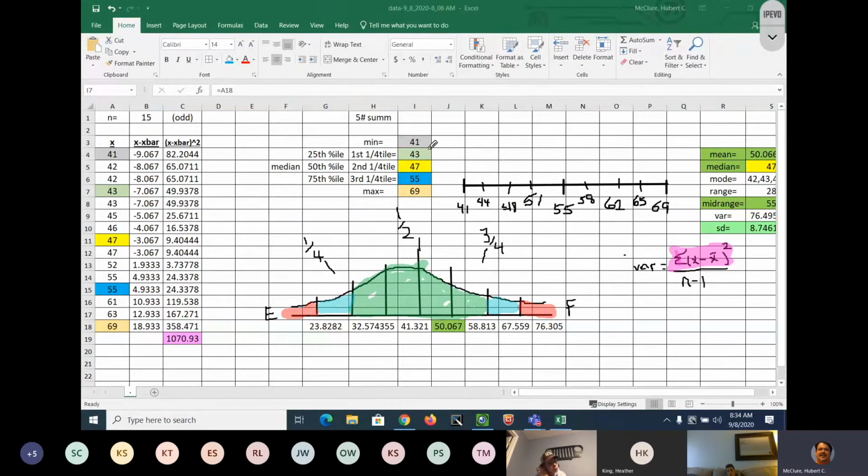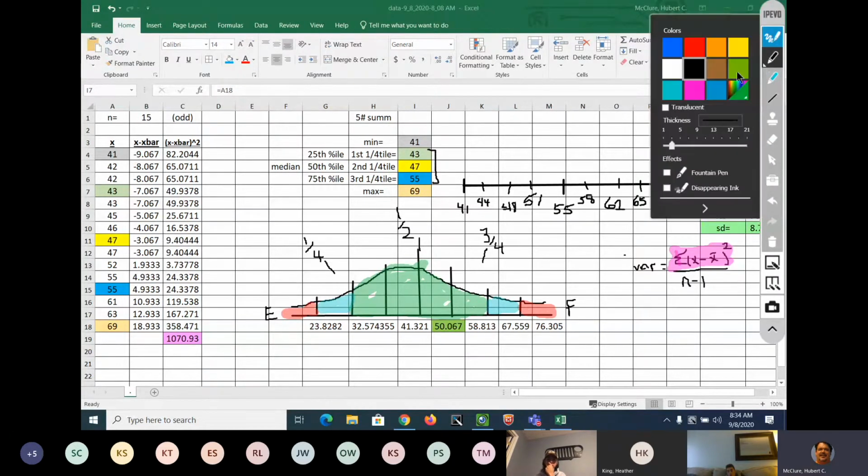Well, the box plot is these 3 numbers right here. So I'm going to take my green marker and I'm going to draw a mark at 43. And I'm going to take my aqua, and that's going to be 55.